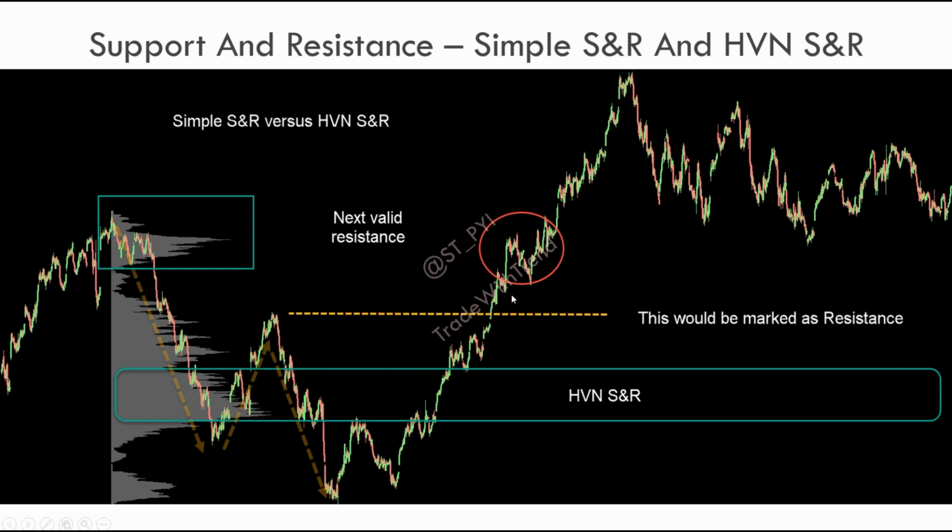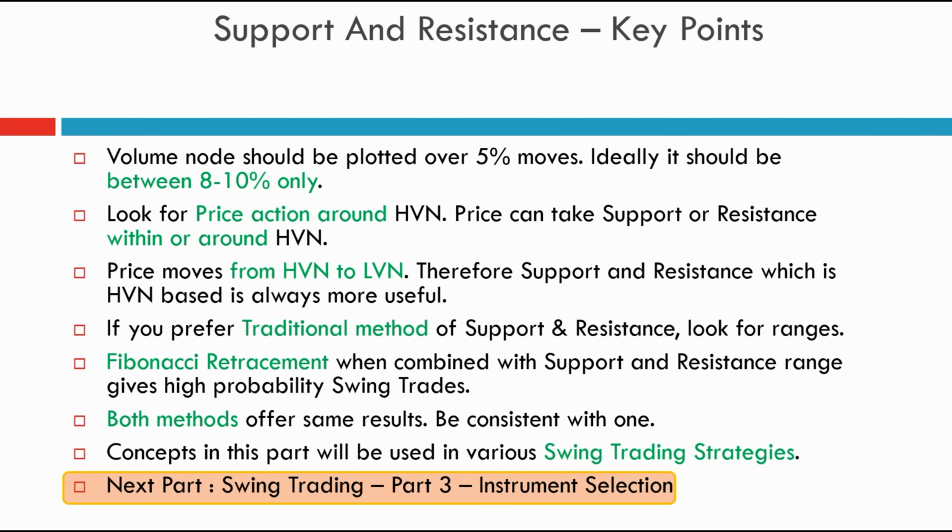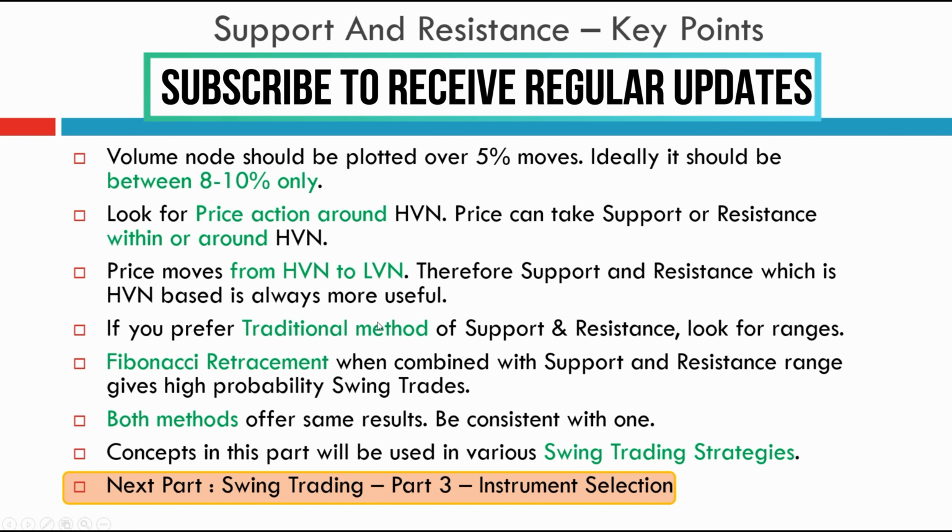All you have to do is move away from this concept of drawing a line at one particular level and try to see support and resistance in the form of proper ranges. That is 1 to 3%, that is fine. So I'll just sum up the key points. I've shown you some modification of the traditional method wherein we look for ranges and we don't look for one particular level.